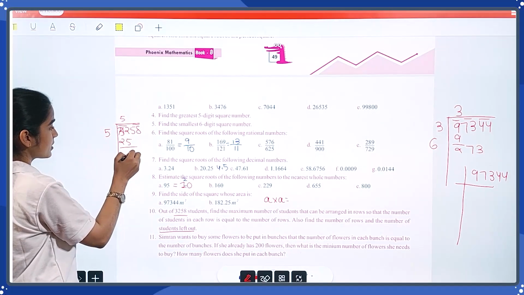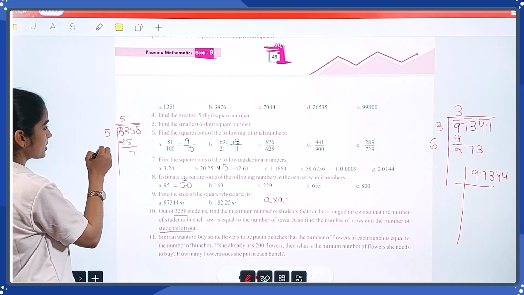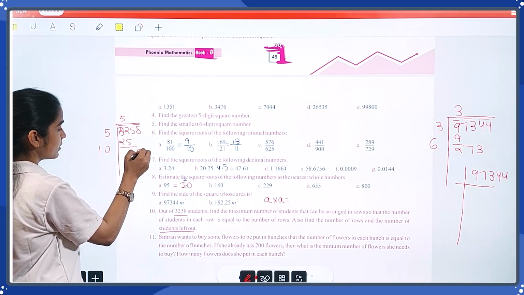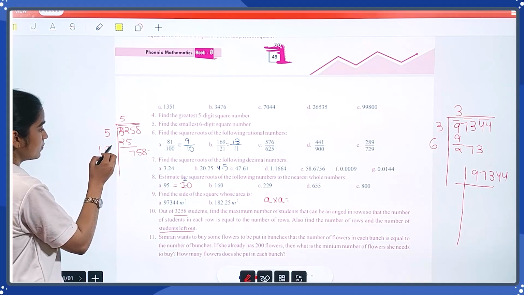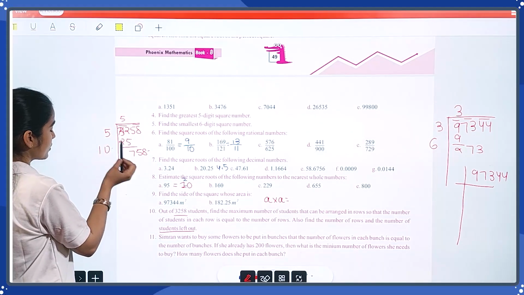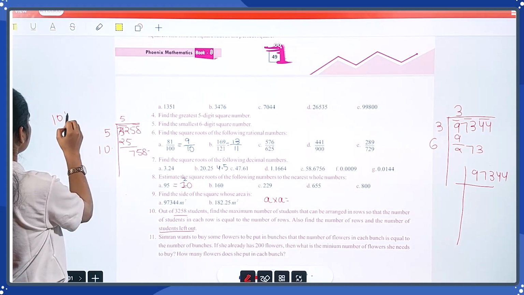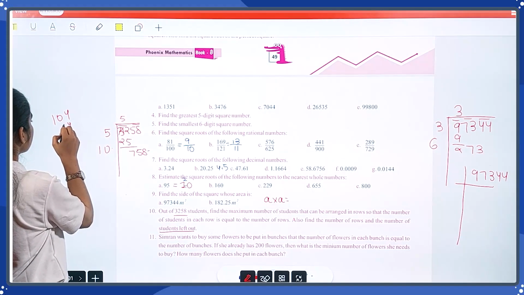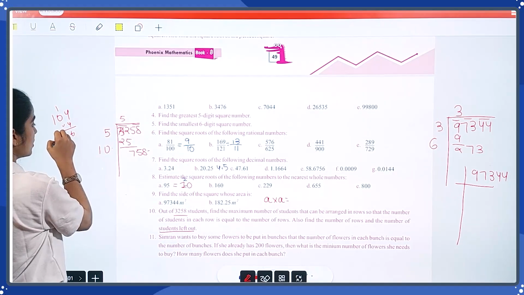So if I'm solving this question over here, 12 minus 5 is 7, then 5 double is 10, 758 and 10 to 44. Okay. 4 4s are 16. Let's take 4 4s are 16, 101 and 4.